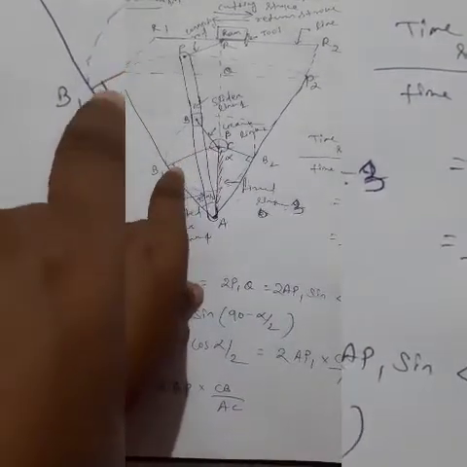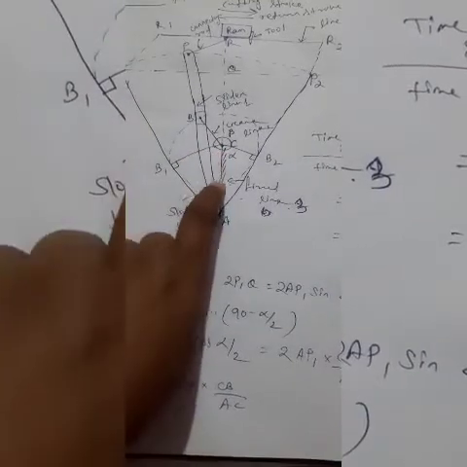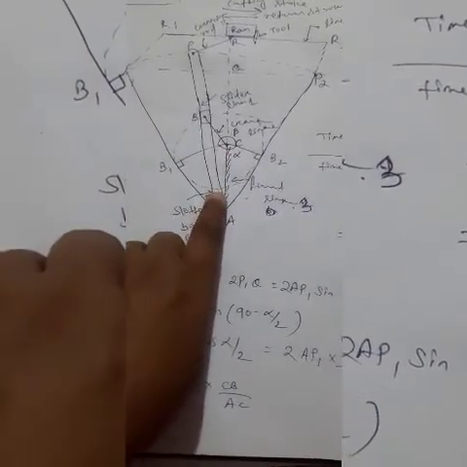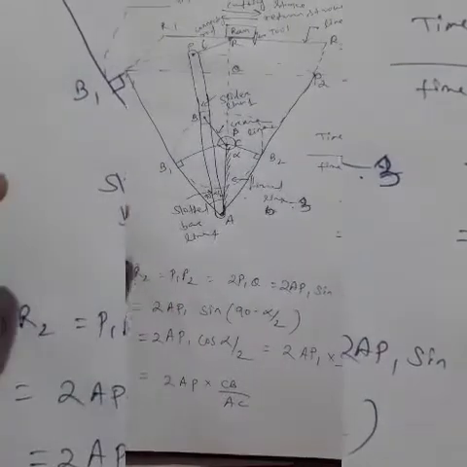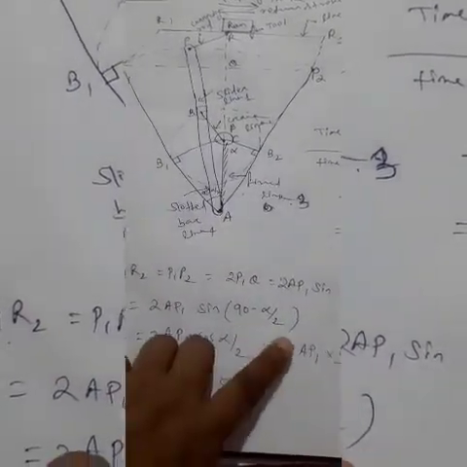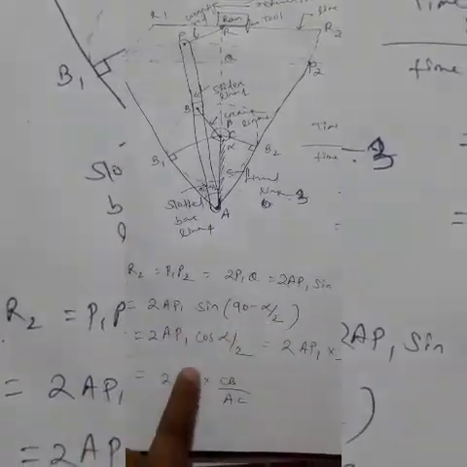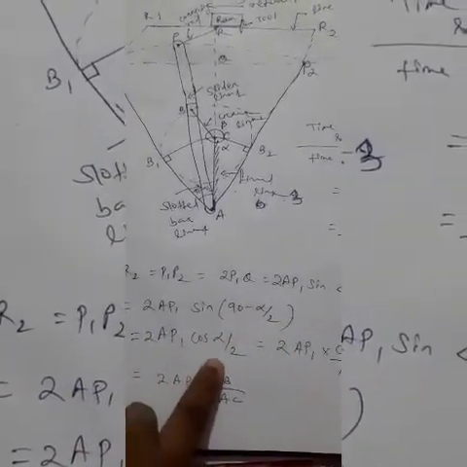This is perpendicular, so this is 90 degrees, and this angle is 90 minus alpha by 2. So this is 2 AP1 sine of (90 minus alpha by 2). Sine of (90 minus theta) is cos theta, so 2 AP1 cos alpha by 2.